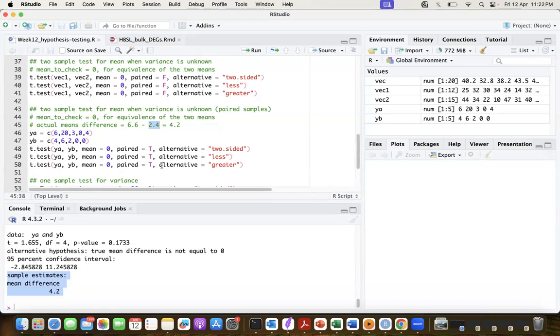So when all of that is taken into account, even though that difference is 4.2, you cannot say that the difference is significant. The p-value here is very large. It's larger than 0.05. So you need to accept the null hypothesis. The null hypothesis was that they're equal, so you need to accept it.